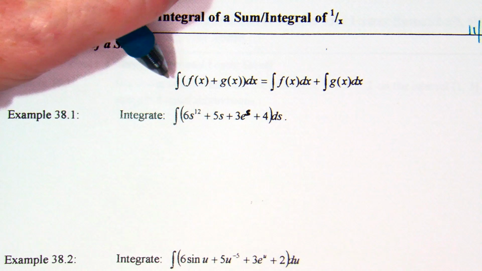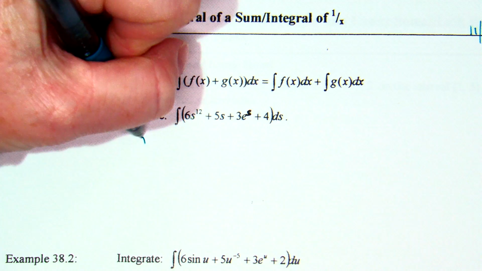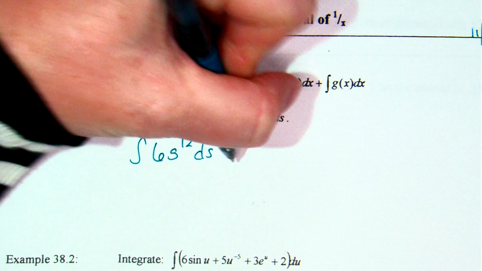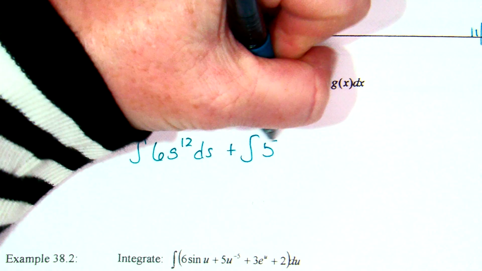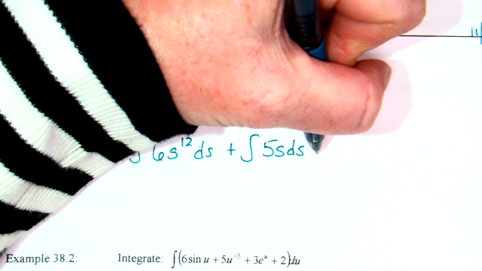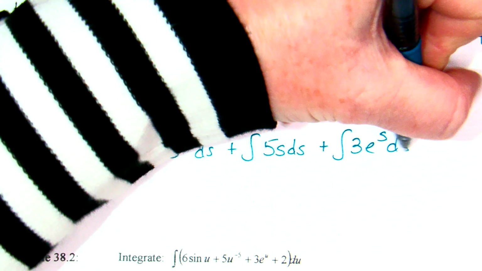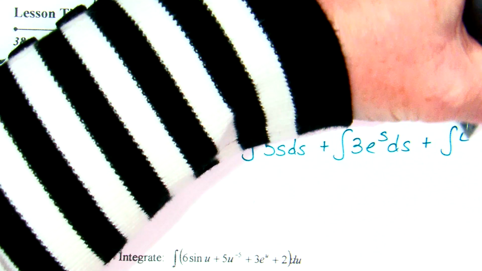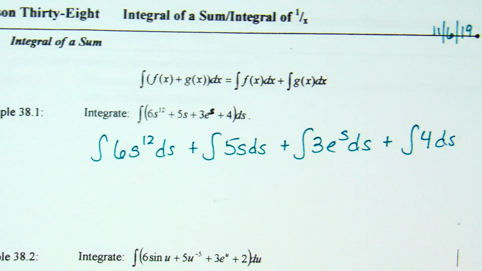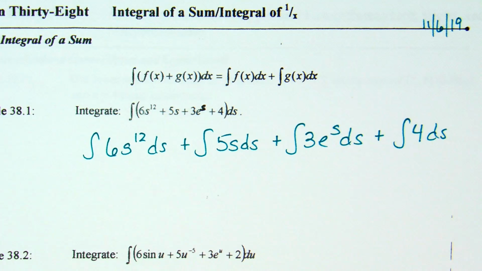But just to make the point, this is going to be the integral of 6s to the 12th ds plus the integral of 5s ds plus the integral of 3e to the s ds plus the integral of 4 ds. So I'm writing that out just to show you that's what that rule up above is saying. The integral of a bunch of terms added can be written as the integral of each piece.